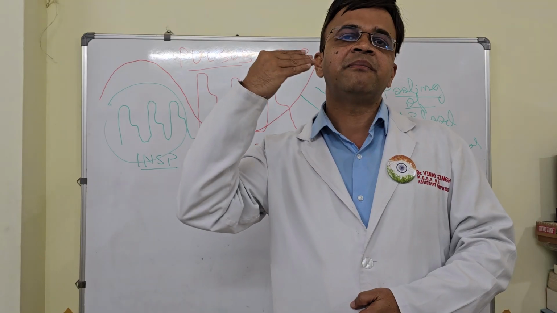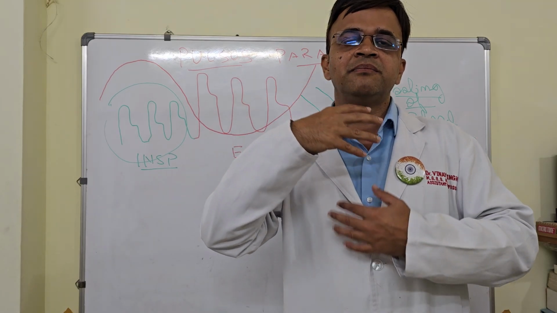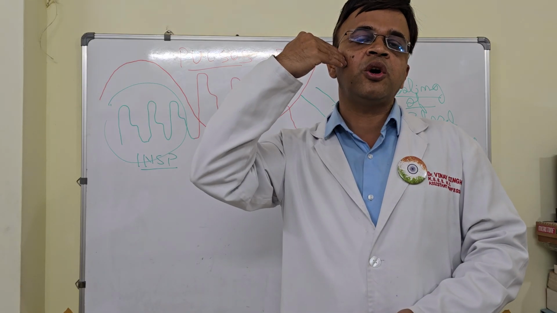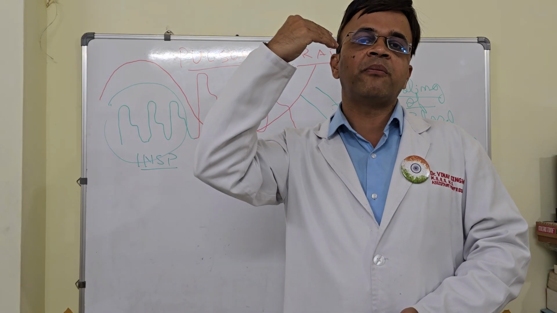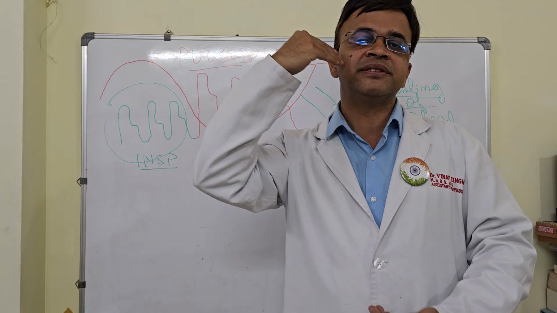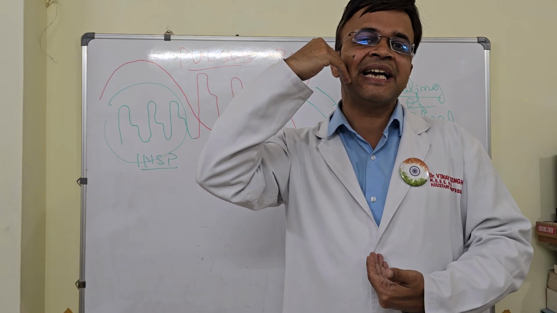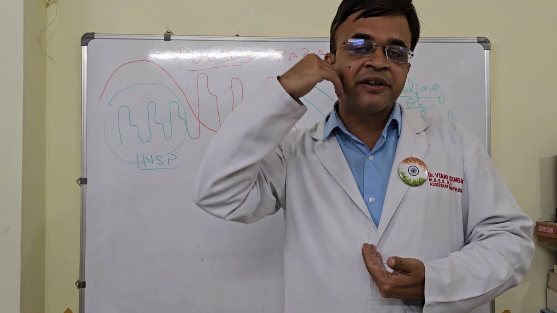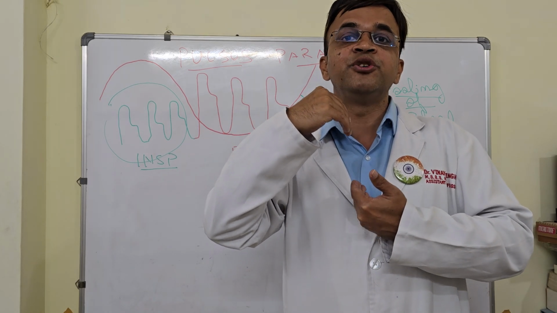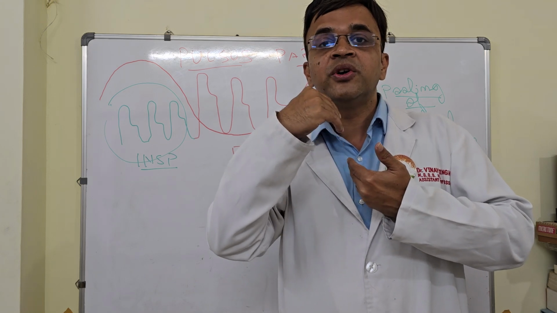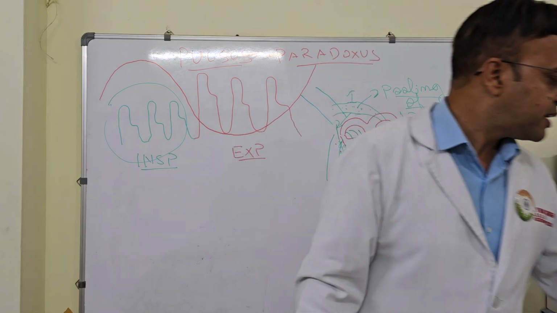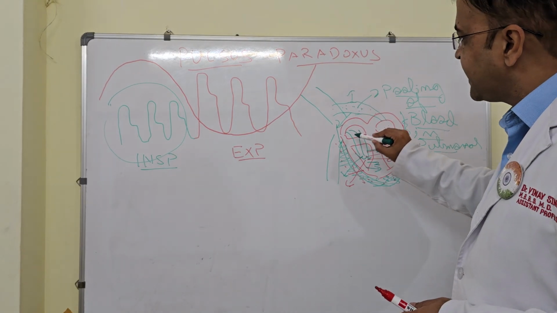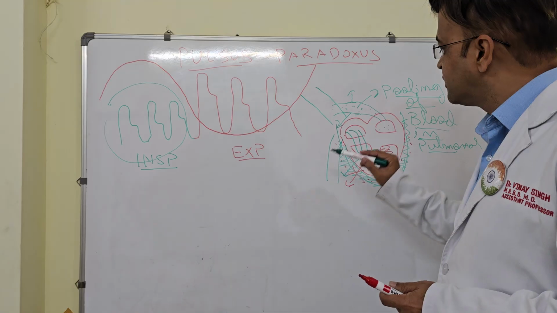So now more blood will flow from my head and neck and abdomen via superior vena cava and inferior vena cava. Into which chamber of the heart? Into right atrium, right?